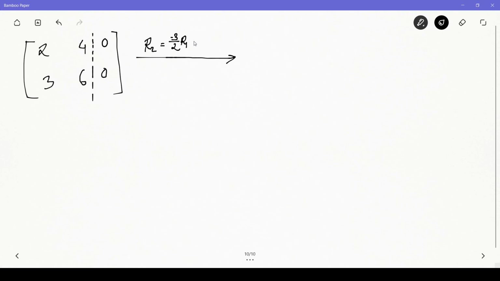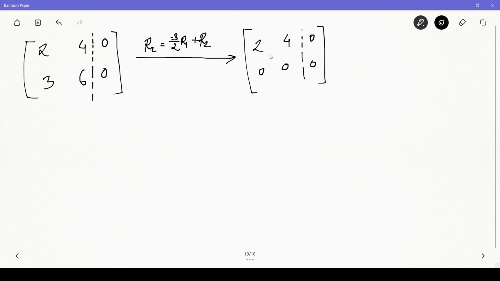So minus 3 by 2 times R1 plus R2. That would be my step of the Gaussian elimination, and I would get something like this. 2, 4, the first row will remain as it is, and for the second row we have 0 0 0 all the way through, right?